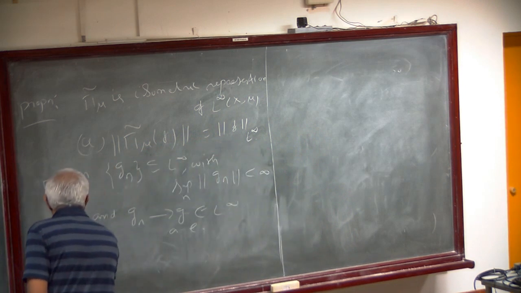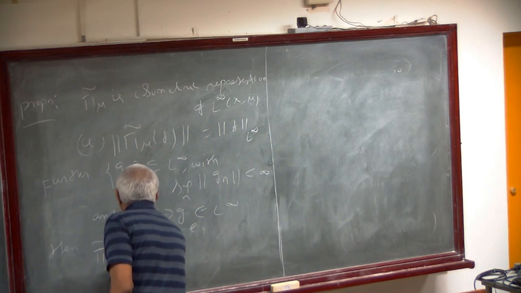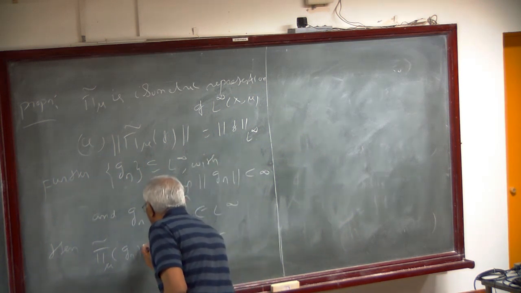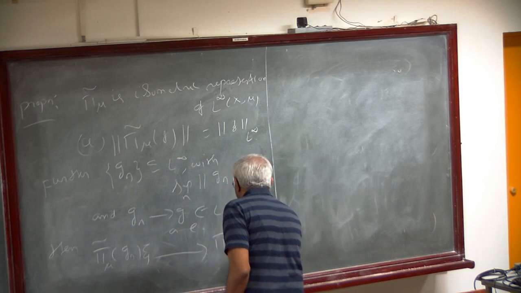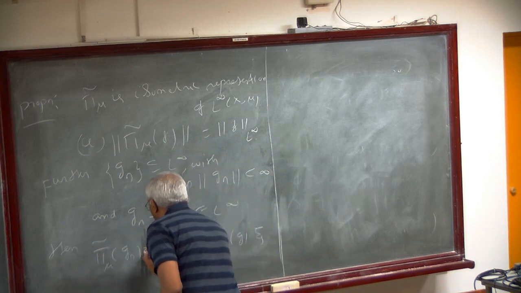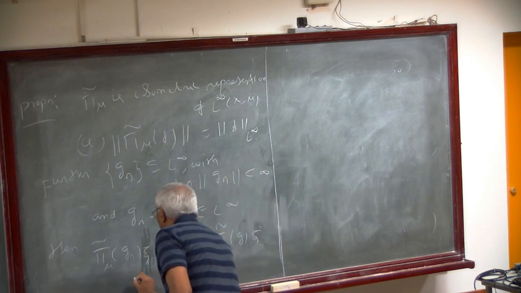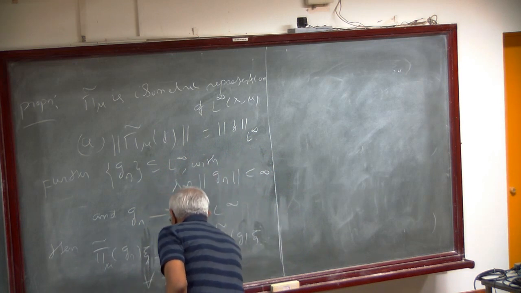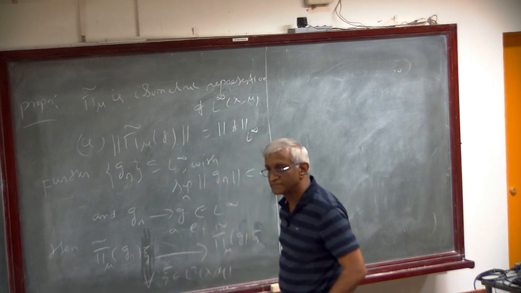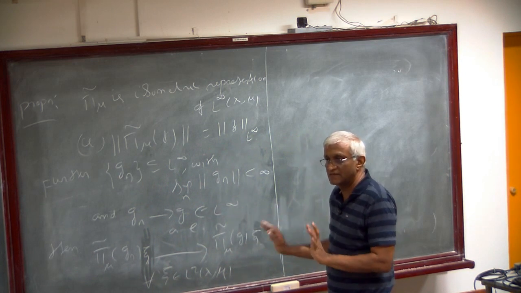Then, I forgot to say this, I will write it: pi tilde of mu of Gn xi converges to pi tilde mu of G xi for all xi in L2 of x mu. This is just because it's L2 that I am writing xi. This is what is called strong convergence, for whatever the reason.